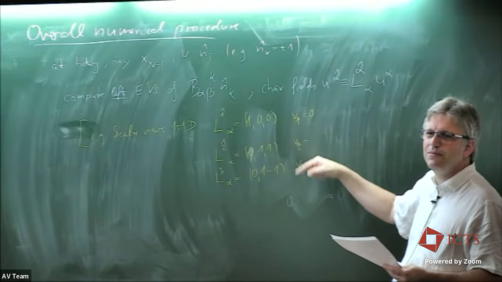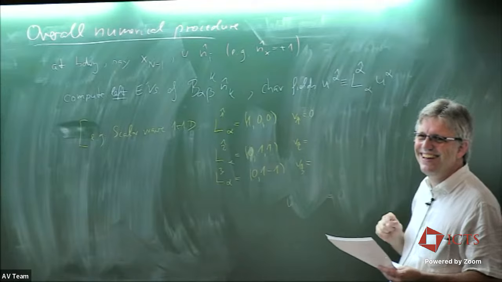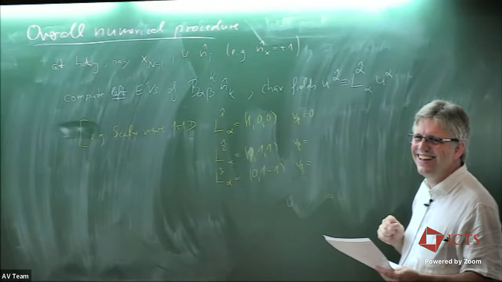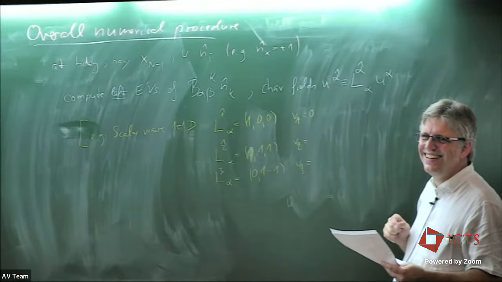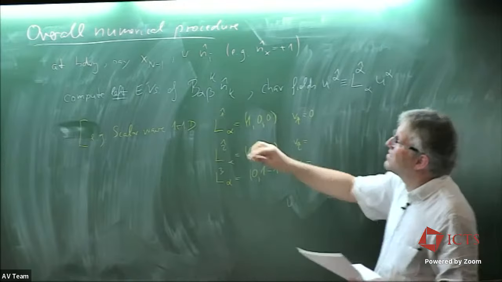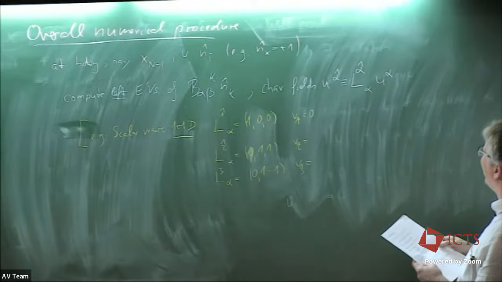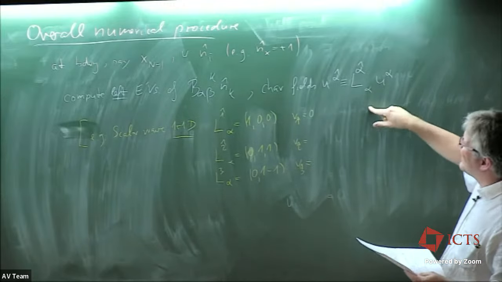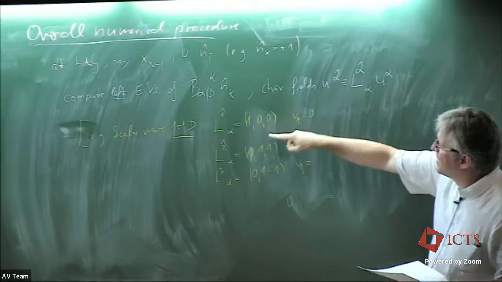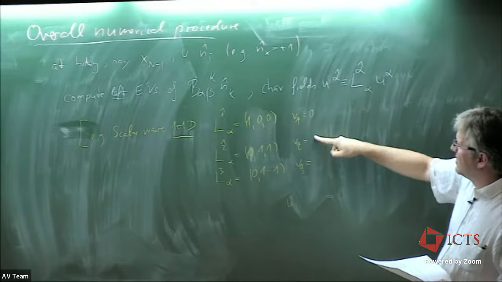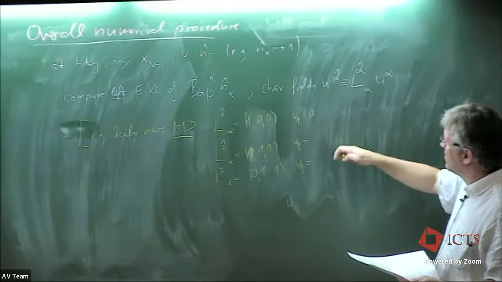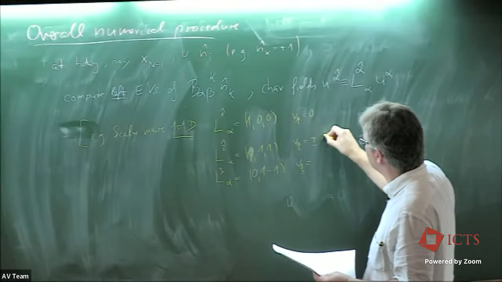Geoffrey, do you happen to remember? I'm in 1 plus 1D, I only have 1 phi. Once I put something on the screen, then I can tell you what the signs here are.